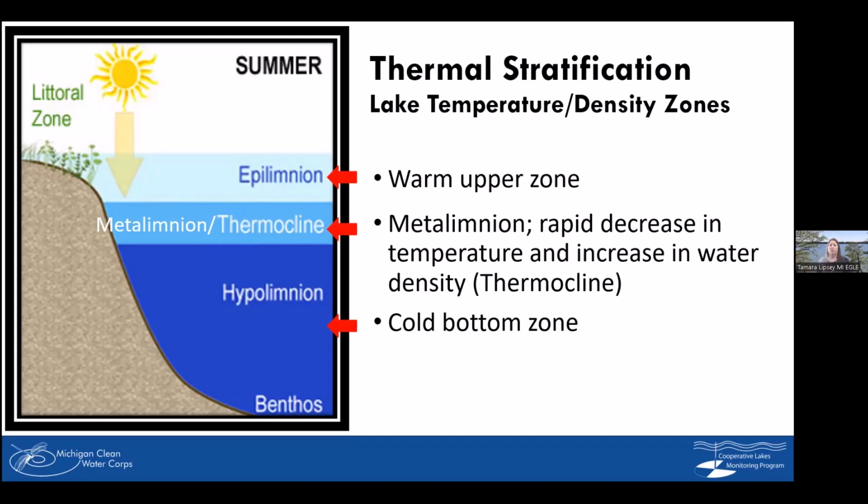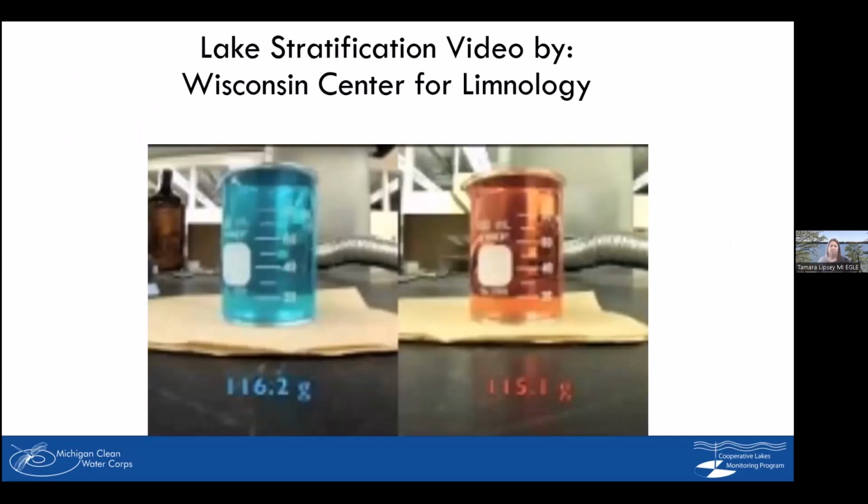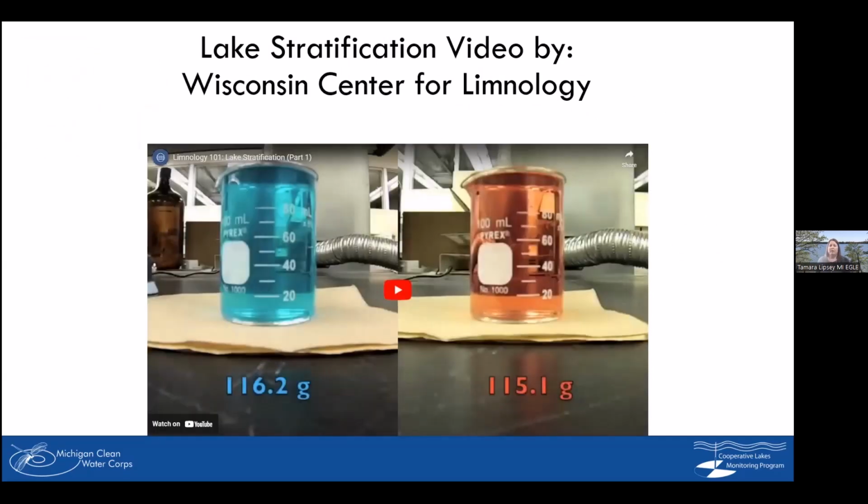Then you have a cold bottom zone called the hypolimnion, and this layer remains cold throughout the season. So to learn a little bit about why our lakes stratify into these layers, we're going to learn a little bit about water and the density of water and how it changes with temperature.